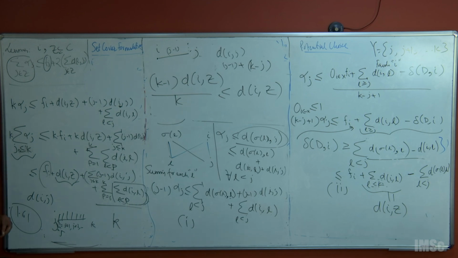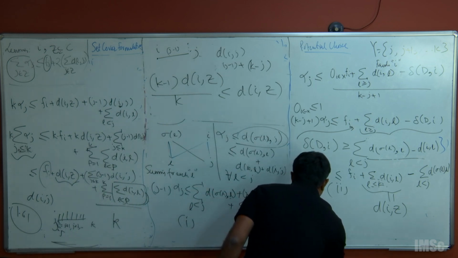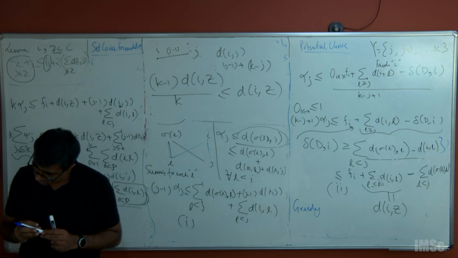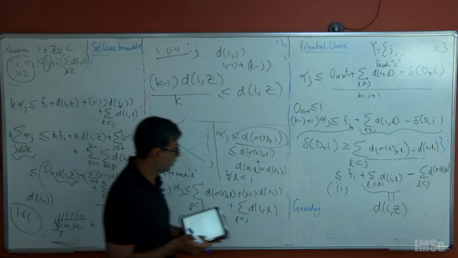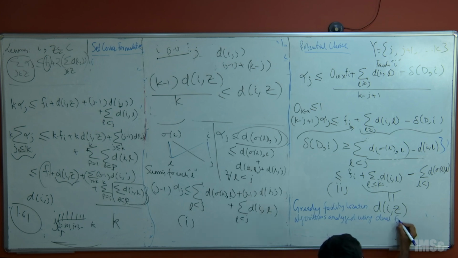This is a paper, if you are interested, called Greedy Facility Location Algorithms analyzed using dual fitting with factor revealing LP.